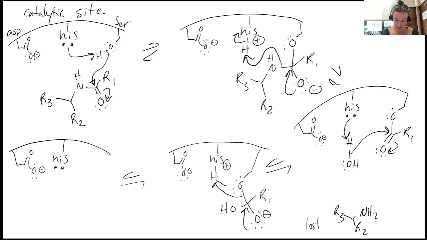It acted as an acid and donated that proton. And now we also have serine back as well. It has been protonated. And we lost the other half of our substrate. Beautiful.